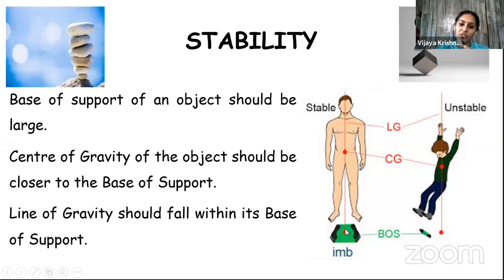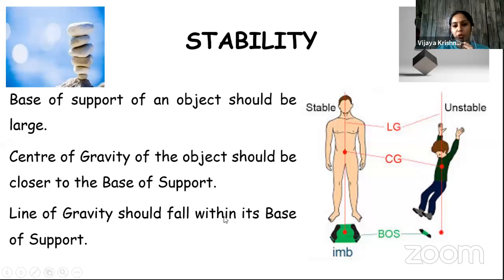Now the base of support should be large enough for any individual to be stable. The second important rule is that the center of gravity should be closer to the base of support. So the closer this center point is to the base, the more stable you are. Like, you are more stable when you're sitting down, then standing, then walking, and then unilateral standing or jumping like shown here.